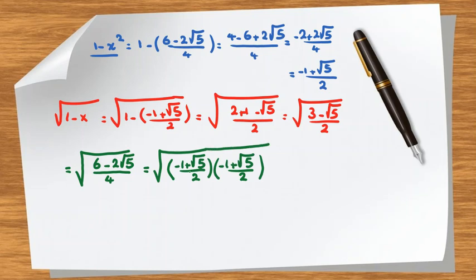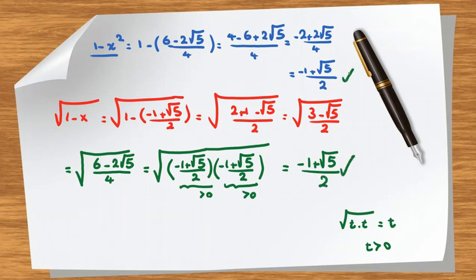Why? Because as you can see, negative 1 times negative 1 is 1, root 5 times root 5 is 5, 5 plus 1, 6, and minus root 5 minus root 5, minus 2 root 5, and the denominator is 2 times 2, 4. So because we say this times this and each of them is positive, the square root of, for example, t times t, where t is positive, is t. So here the answer is negative 1 plus root 5 over 2. So we've checked it is equal to this.